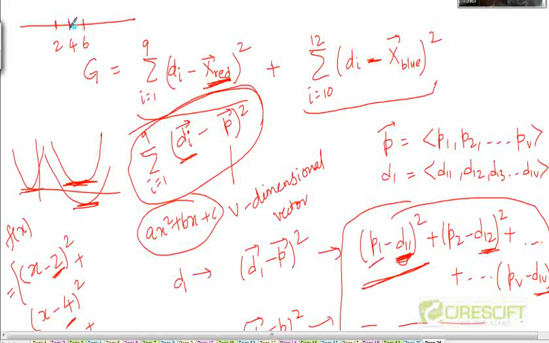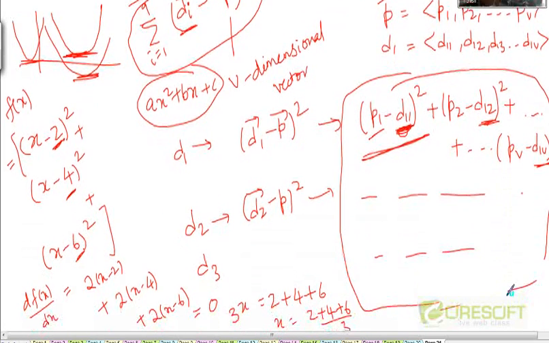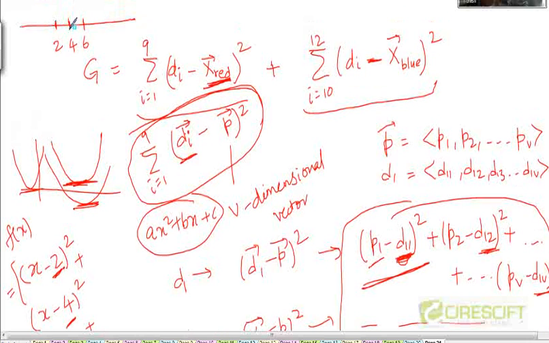So where should x be placed so that this is minimized? Well, the average of 2, 4, and 6: 6 plus 4 is 10, 10 plus 2 is 12, 12 by 3 is 4. So x should be placed exactly here. That is when this will be minimized.